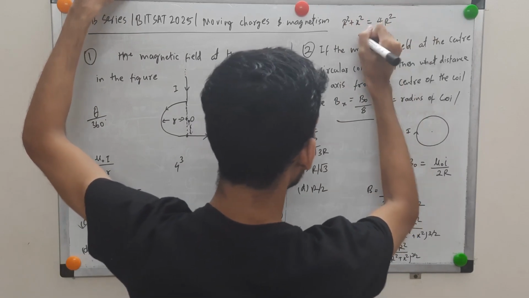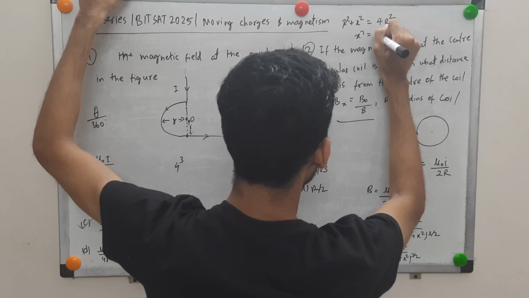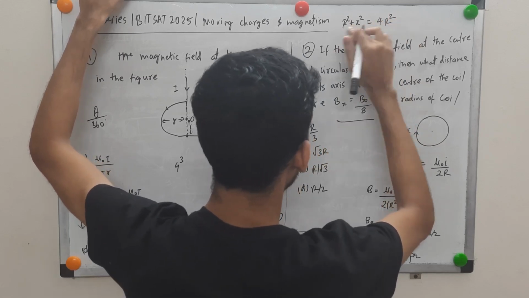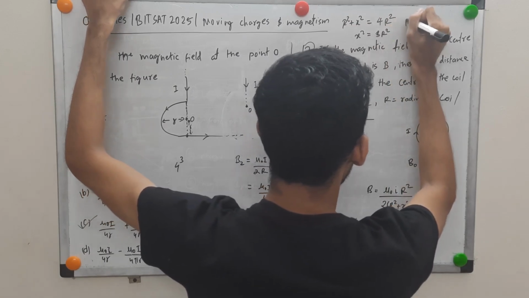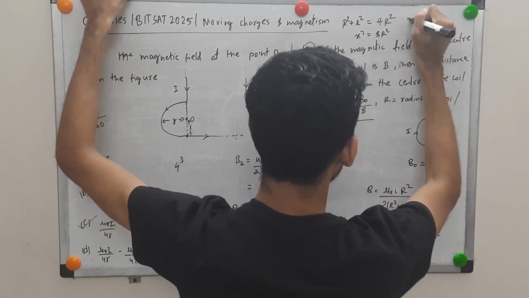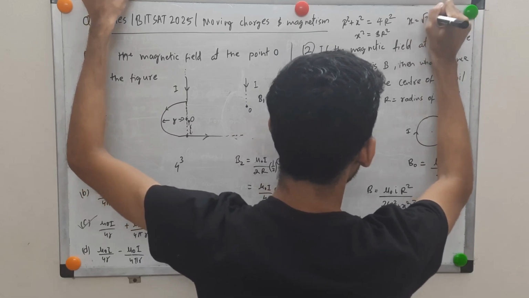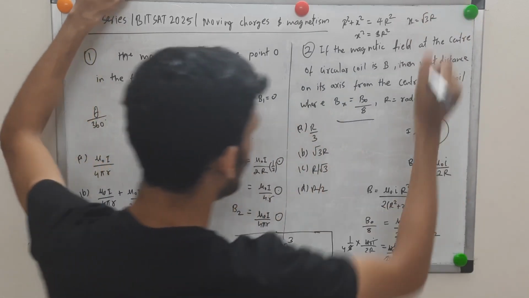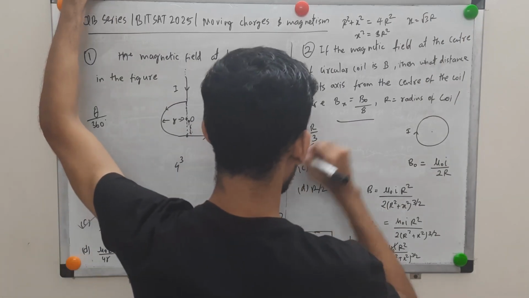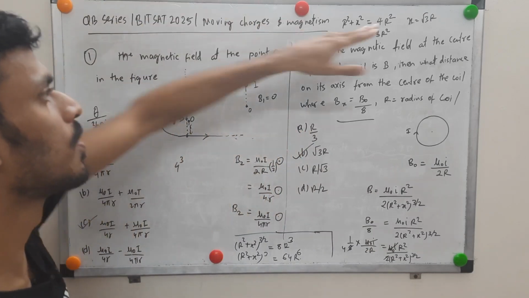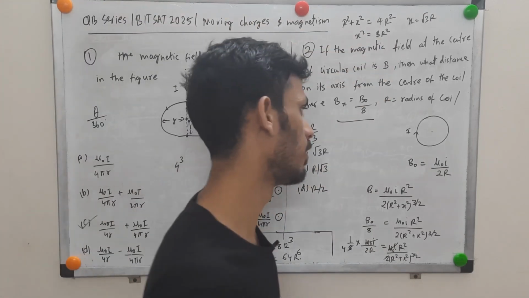So you get this equation, it's simple now. X square is 4r square, so 4r square minus r square, this is 3r square. So x you're supposed to find, x is basically root 3 r, right? Okay, and we'll only consider the positive case. It's of course symmetric, but yeah, so x is root 3 r, and that is your correct choice.